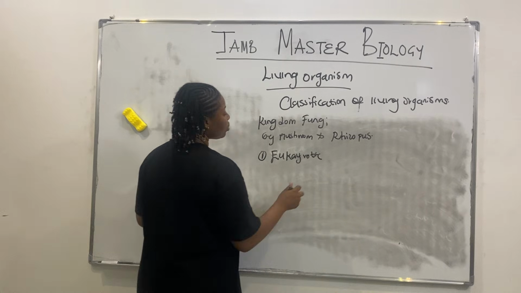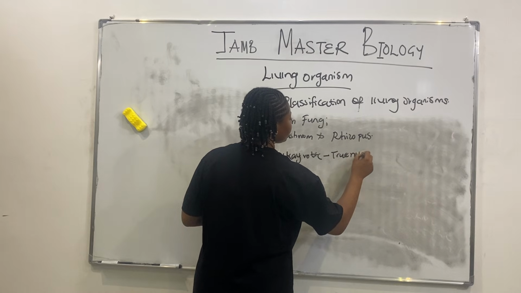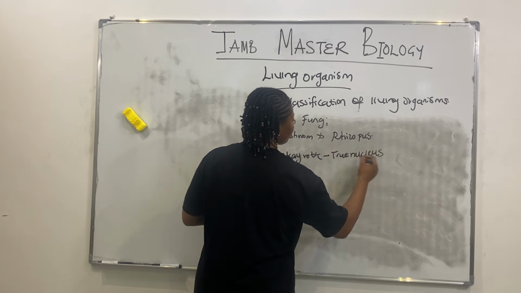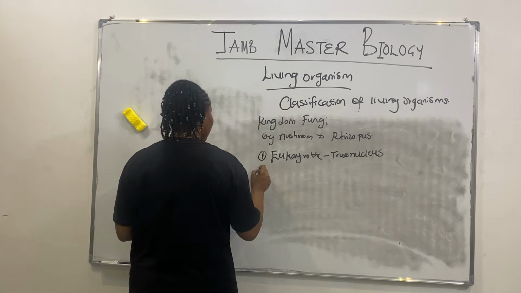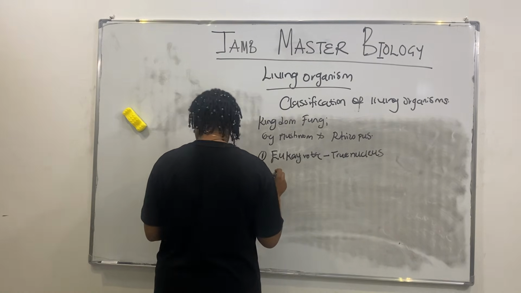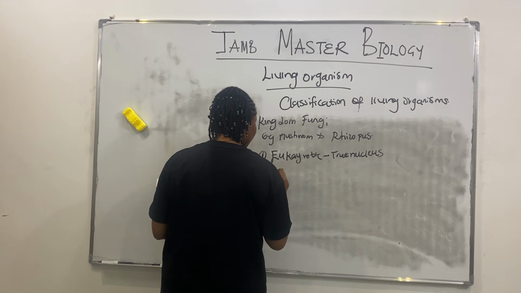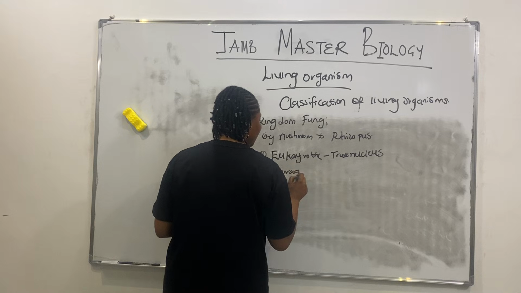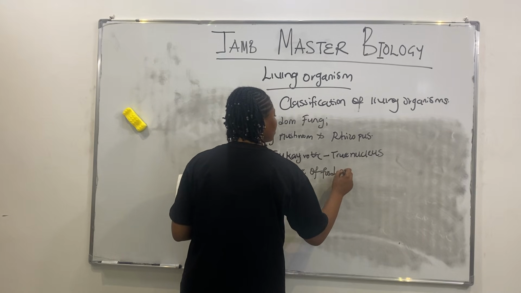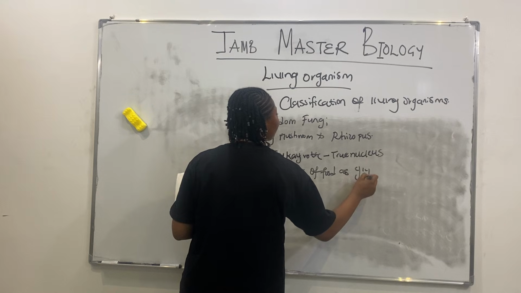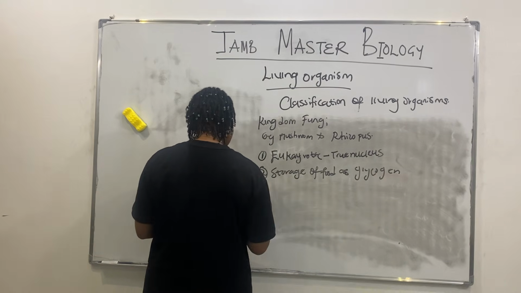Eukaryotic means that they have a true nucleus. Another one is that they store food as glycogen. Another characteristic is this.